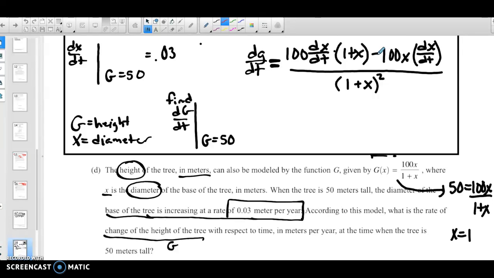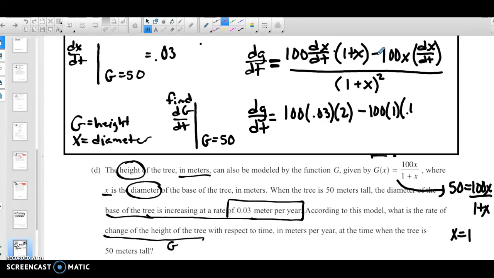Because I put in 1 here, I get 100. 1 plus 1 is 2, so I'm going to fill in dg/dt equals 100 dx/dt, which is 0.03, times 1 plus 1, which is 2, minus 100, times 1, times 0.03, all that over 1 plus 1 squared, which is 4.